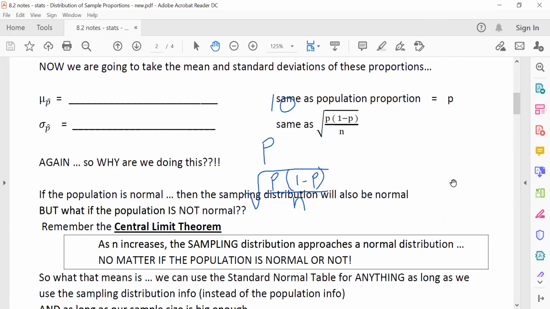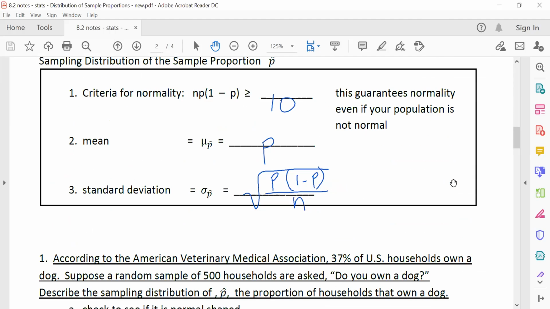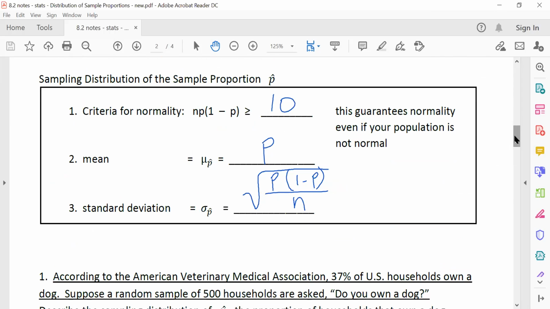It's not so bad if you think about it. Not so horrible if you really think about it, because a lot of that's just going to go into our calculators, especially all that square root business. So technically, your z-score calculation is going to look a little ugly.